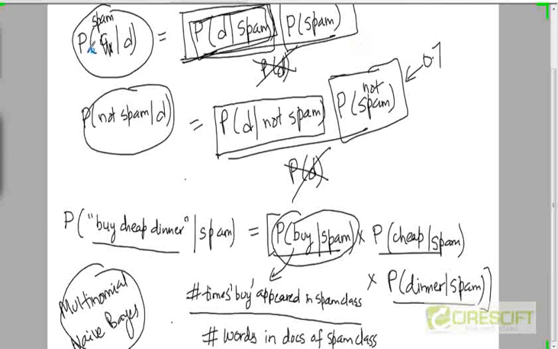If this term is less than this, then log of this will also be less than log of this, because log is a monotonically increasing function. If x is less than y, log x is less than log y. So if we take the log of both sides, we won't have to multiply these probabilities, we will have to add the logs.